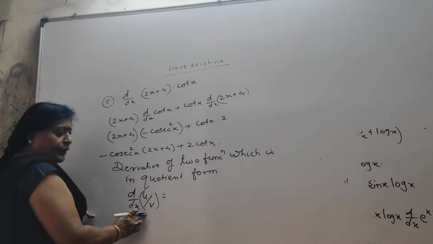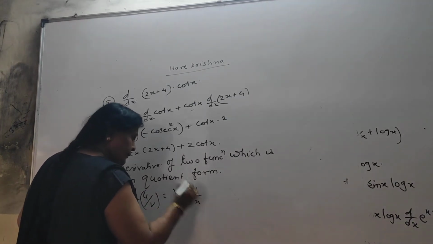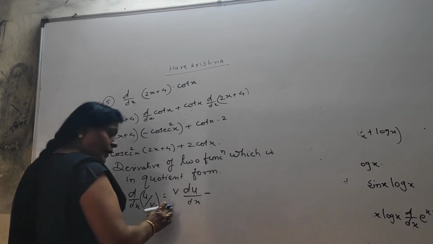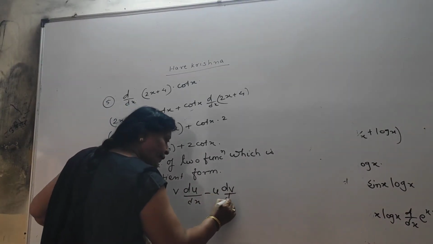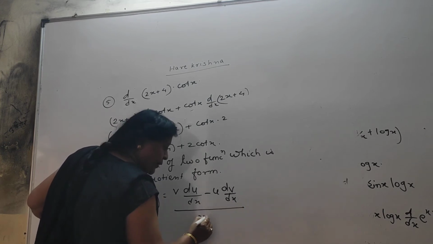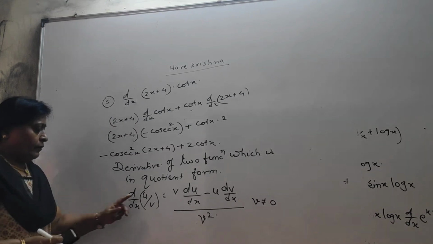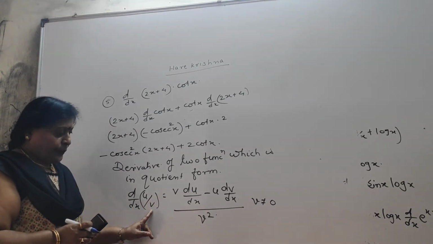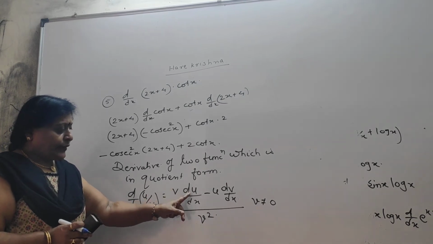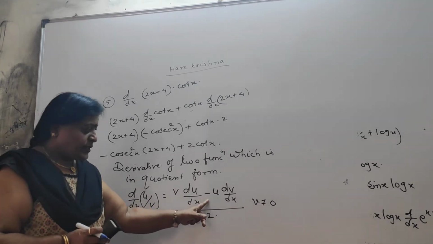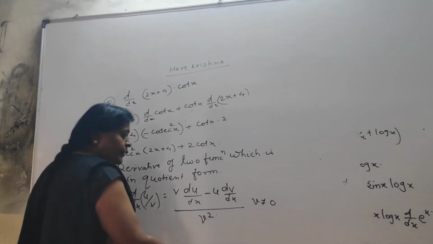That is, here the denominator v remain as it is, take the derivative of the numerator, you have to keep minus sign, minus remain as it is, again numerator remain as it is, take the derivative of the denominator, divided by denominator square, where denominator should not be equal to 0. Again, here first you have to keep the denominator constant, take the derivative of the numerator minus numerator constant, take the derivative of the denominator divided by denominator square.